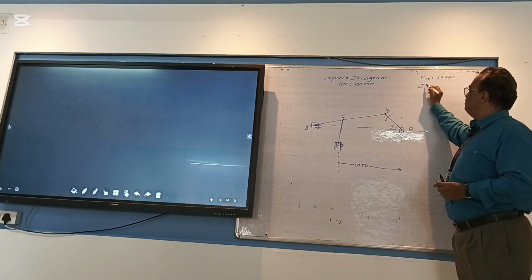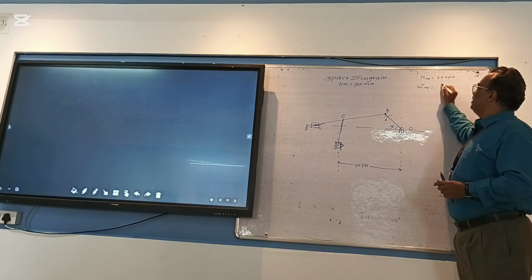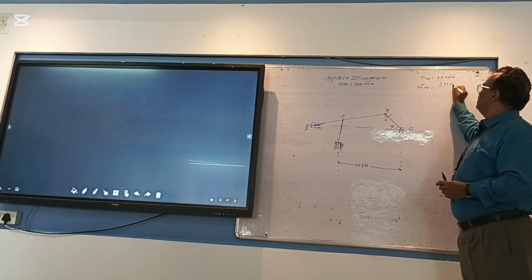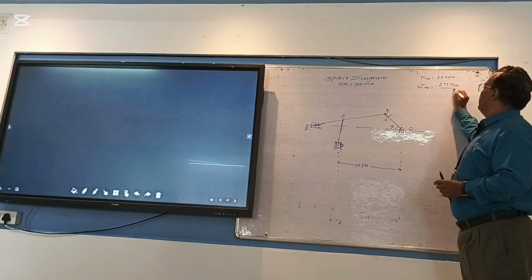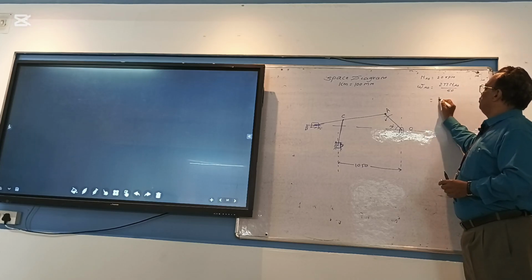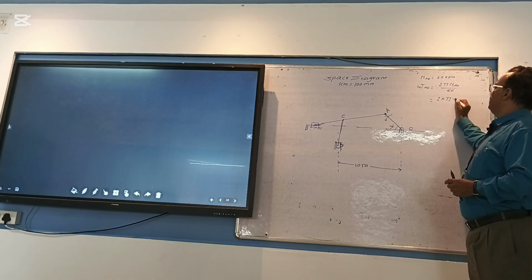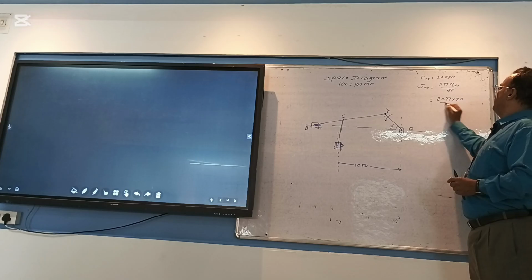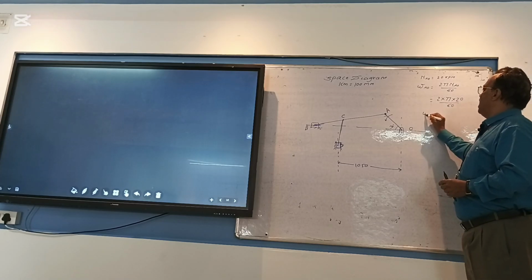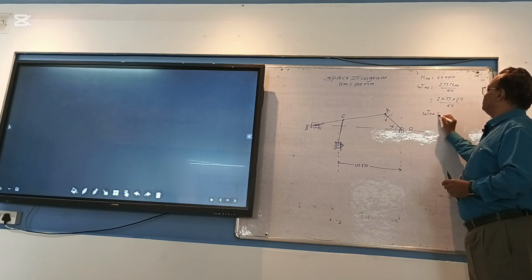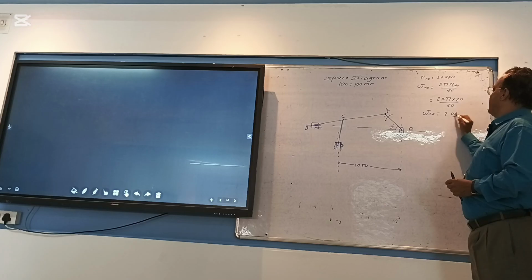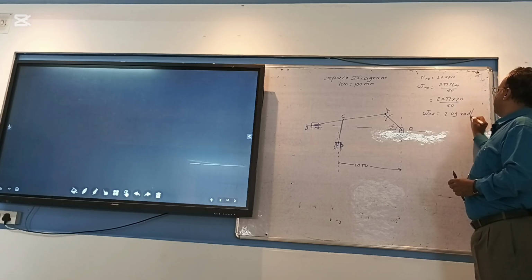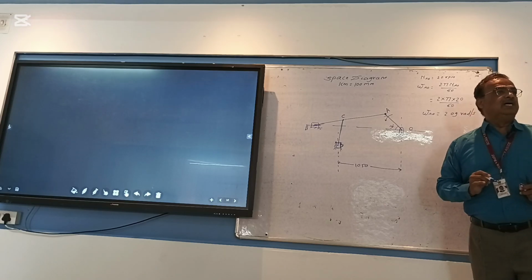If you know the RPM, omega equals 2 pi N divided by 60, 2 multiplied by pi multiplied by RPM 20 divided by 60. How much omega you are getting? 2.09 radian per second. This is the omega.